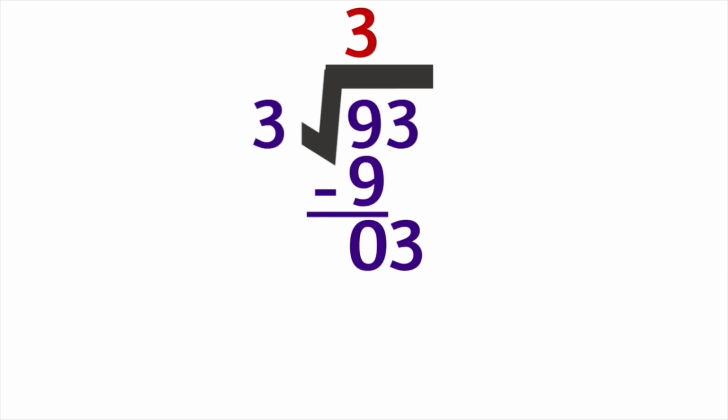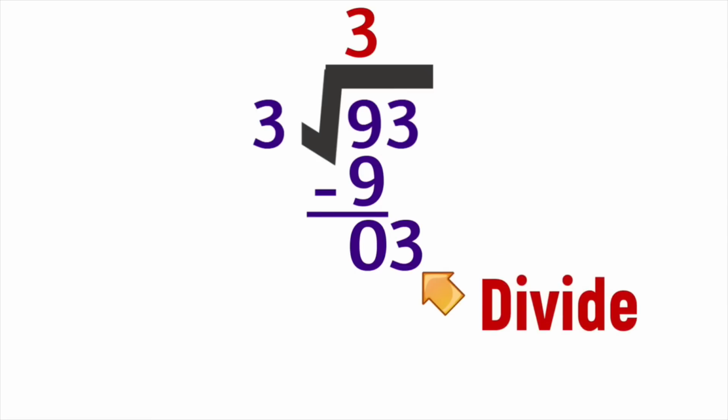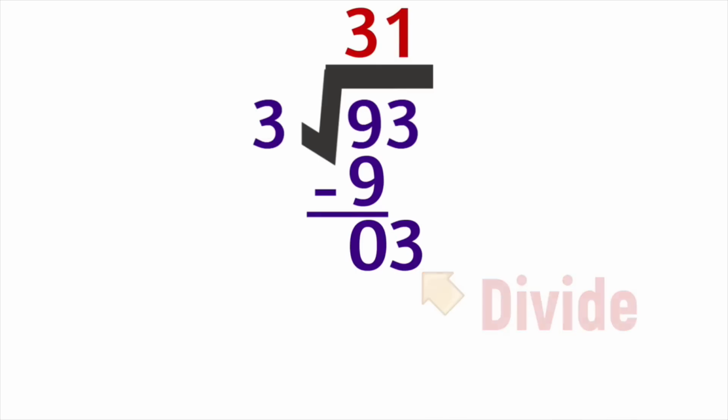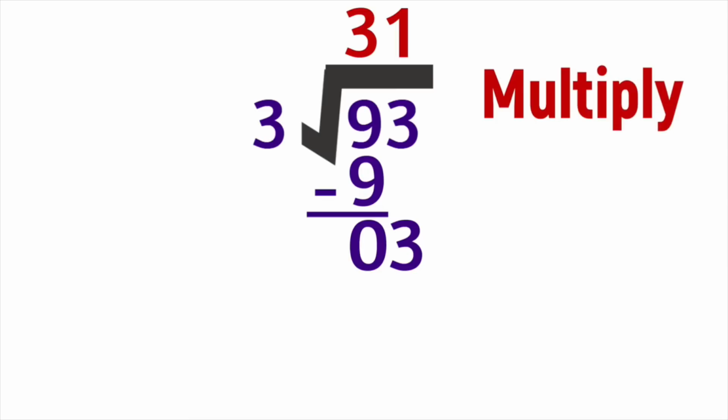Okay, now it's time to go through the steps again with this digit here, this number 3. Divide! How many times does 3 go into 3? 1 time, yeah. So we put the number 1 right here on top of the bracket. Next, we multiply again. This number 1 times 3. What is 1 times 3?